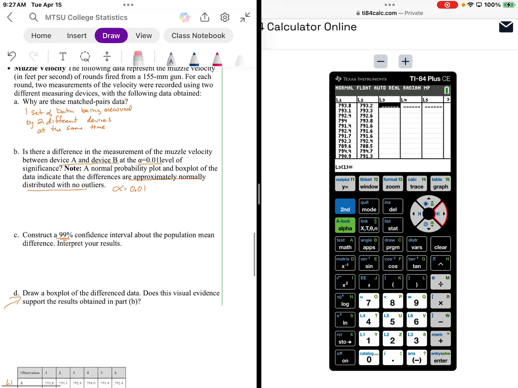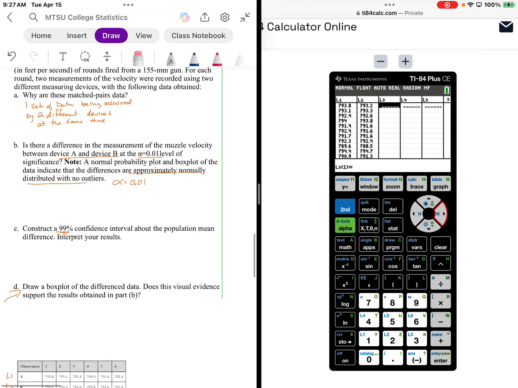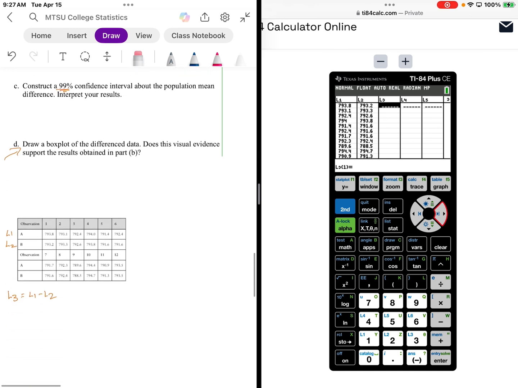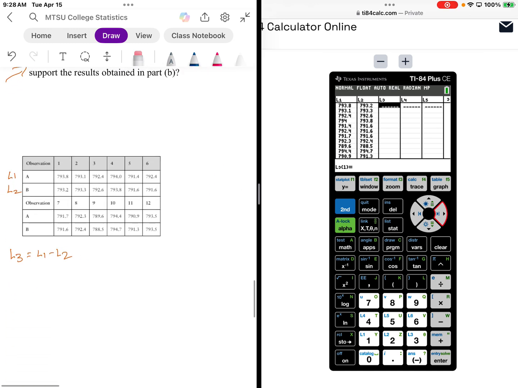So we're just going to do A minus B. So in L3, we're trying to find the difference. So I'm going to go back up to the column header and tell it to do L1 minus L2 in the column header of L3. And that's the column I'm going to run my hypothesis test on.